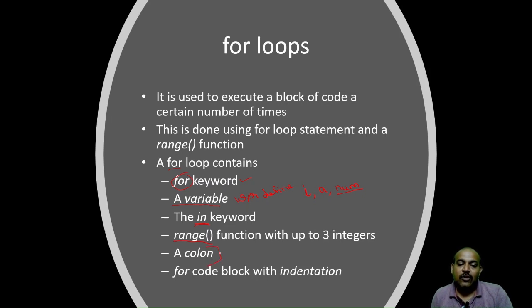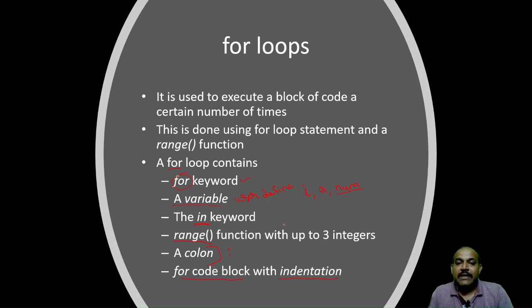As you know, for all loop instructions and functions we use a colon. So the colon comes immediately after the range function. This indicates the first line of the for loop. Immediately after that we write a code block which is indented, with whatever task I need to perform inside the for loop. Indentation is very important.